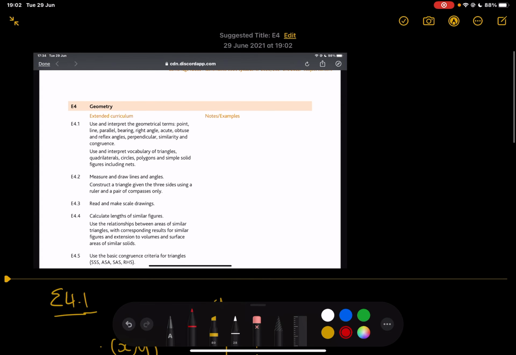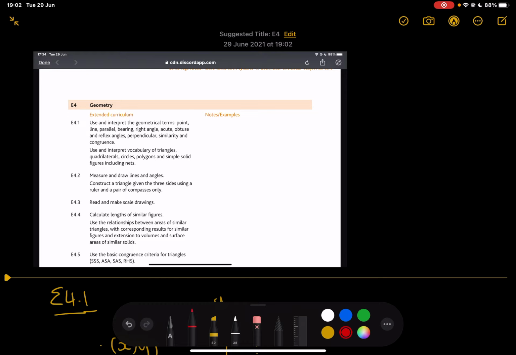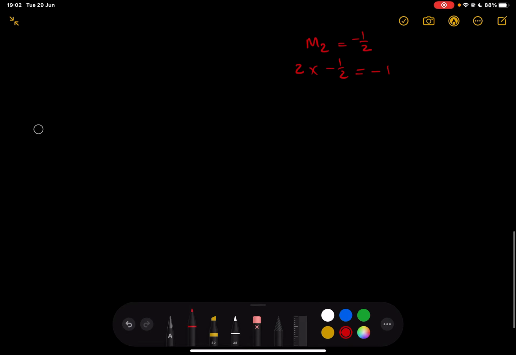Okay. The next thing is that it's talking about the angles. We have acute angles.